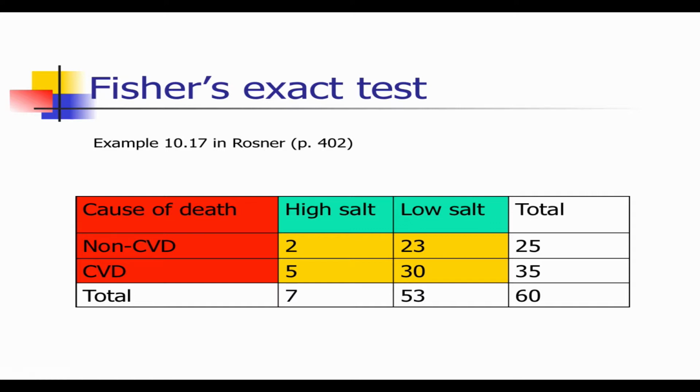The p-value is exactly equal to the summation of the probabilities of the 3 scenarios. So that is the p-value of Fisher exact. So now you understand the name. It really gives you an exact p-value.